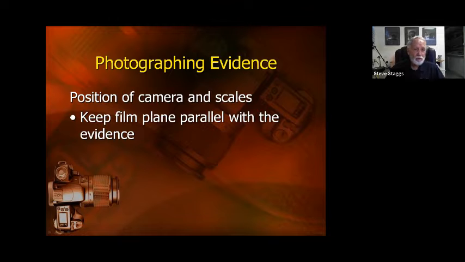As far as keeping your film plane parallel with evidence photography, it is important. It's something we strive to do with all evidence photography, but there are a few things that we photograph where it is, without question, a must do. There's no way around it. Photographing footwear impressions, fingerprints, bloodstain patterns, things that later we're going to take that photograph and do some kind of analysis with.